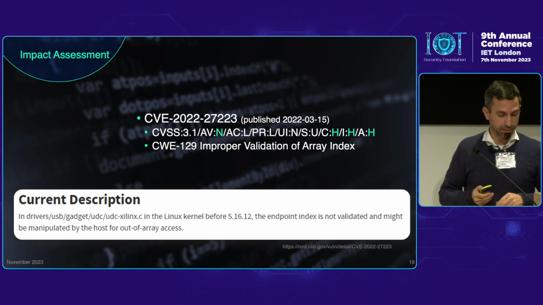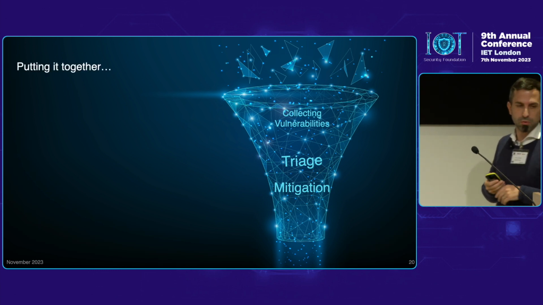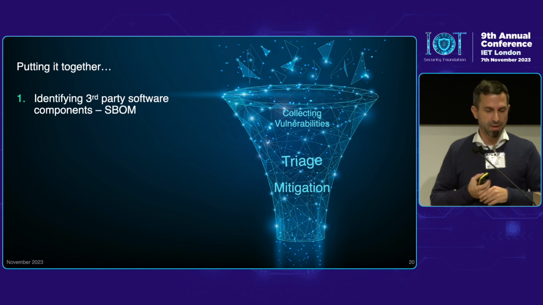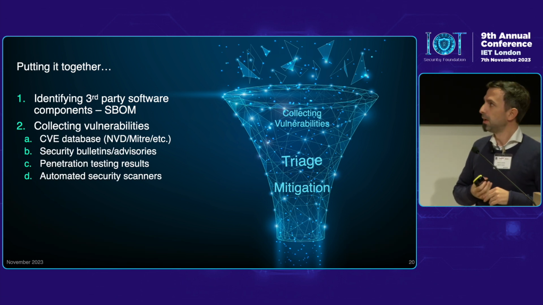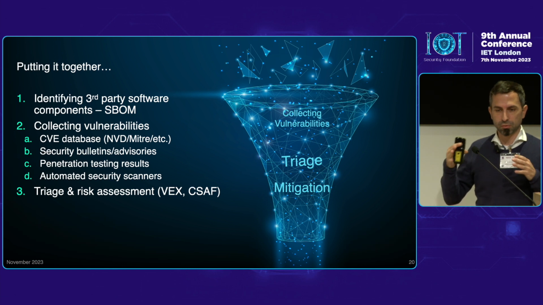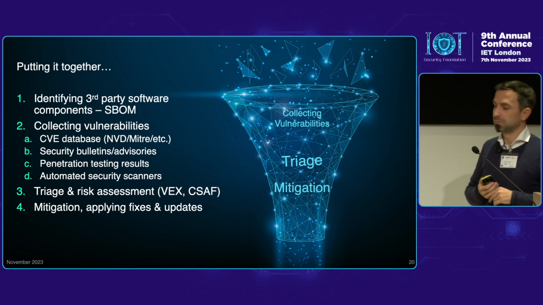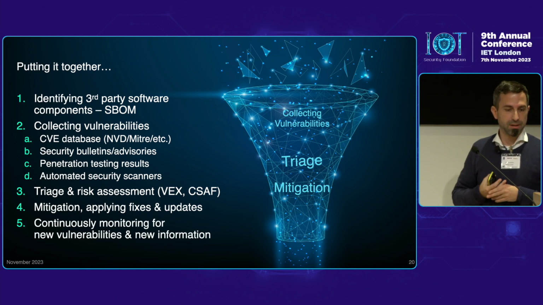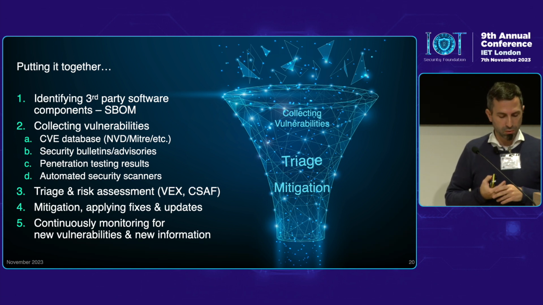I can disregard it. So if we put all of this together, the ingredients to an effective vulnerability management process are to have an SBOM in the beginning, to build the ability to collect vulnerabilities, triage those vulnerabilities, dissect to the relevant vulnerabilities and mitigate those, apply fixes, updates, and as we all know, security is not a one-time effort, but a continuous process.